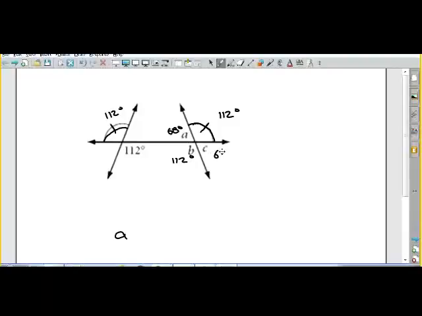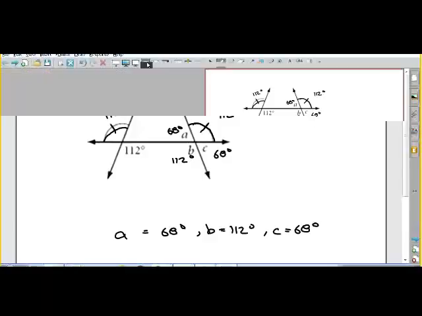And as a consequence, angle C is 68 by two reasons. One is because these are two vertical angles, and these are supplementary angles. So either way, you should be able to get all the answers. So A is equal to 68 degrees, B is 112 degrees, C is equal to 68 degrees.